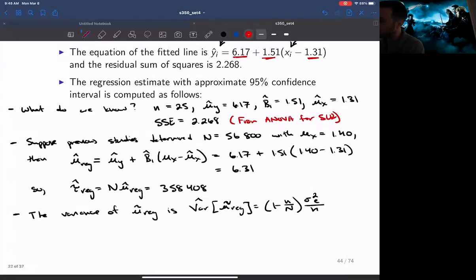Okay, so we can show in this case that 1 minus little n over capital N is greater than 0.95. So this thing reduces to sigma squared E over little n.